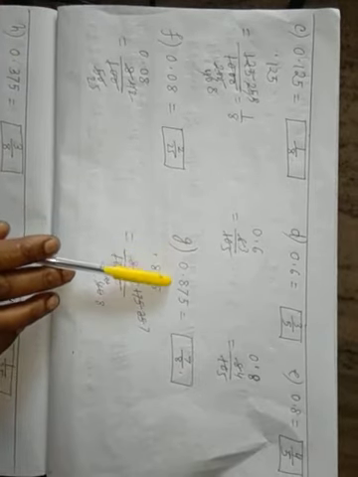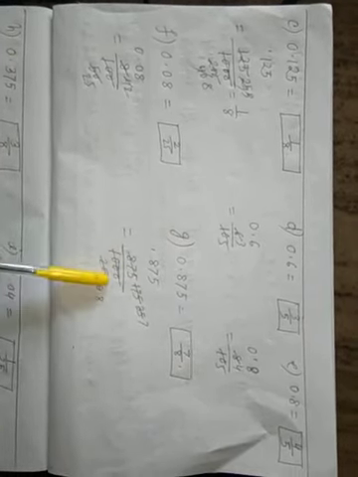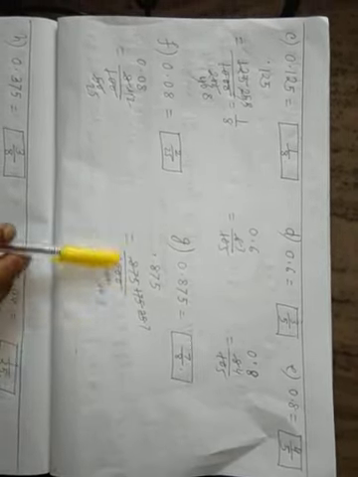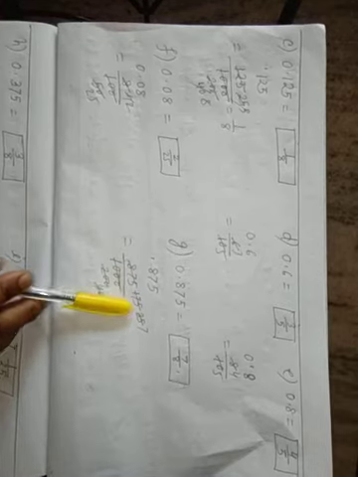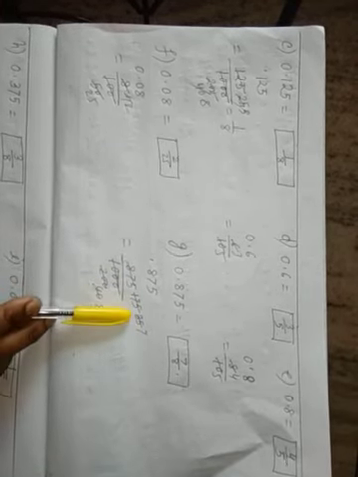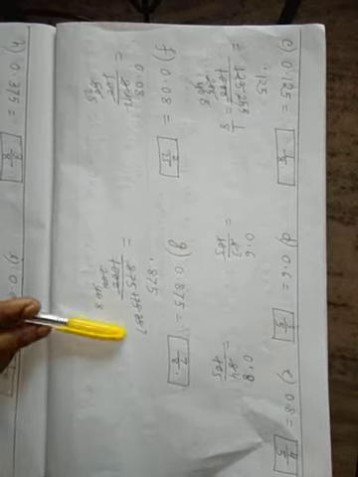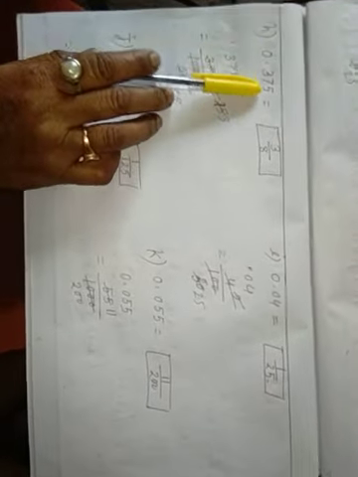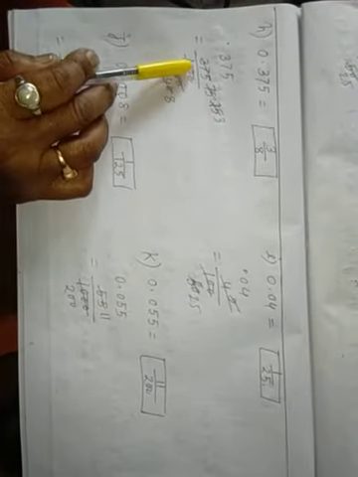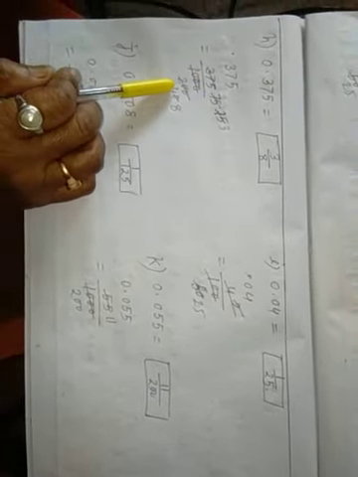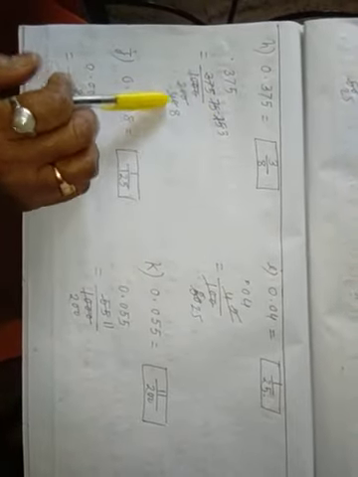G, 0.875 equal to 875/1000, 5 से काटोगे 175/200, फिर 5 से काटोगे 35/40, तो 7/8. H, 0.375, that is 375/1000, 5 से काटोगे 75/200, फिर 15/40, फिर 3/8.